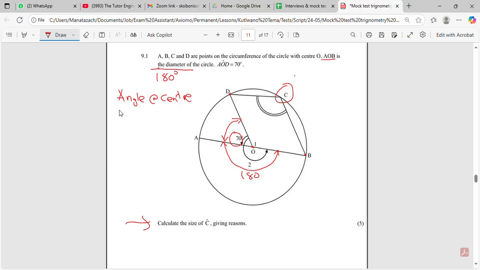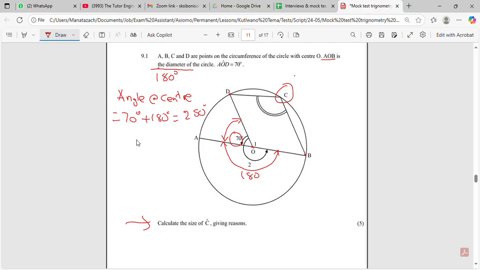So the angle at the center is equal to, actually, it's 70 degrees plus 180 degrees, right? What would that give us? So 70 plus 180 would give us 250 degrees. So that would be the angle at the center. That's the entire angle.